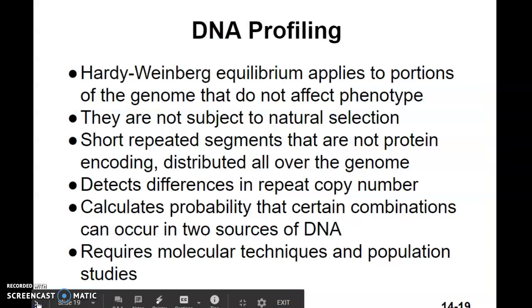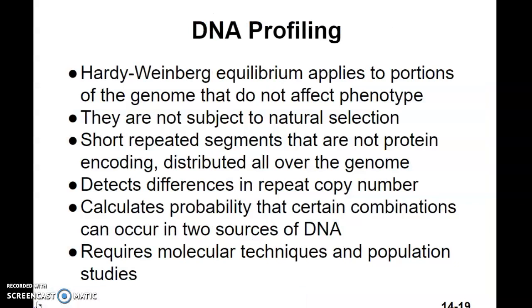All right, why do we need to know these? Well, Hardy-Weinberg is very important in determining DNA profiling. The genes that express phenotypes are not a big deal. Those things change. We can't do Hardy-Weinberg on them because humans are not randomly mating. They are migrating.